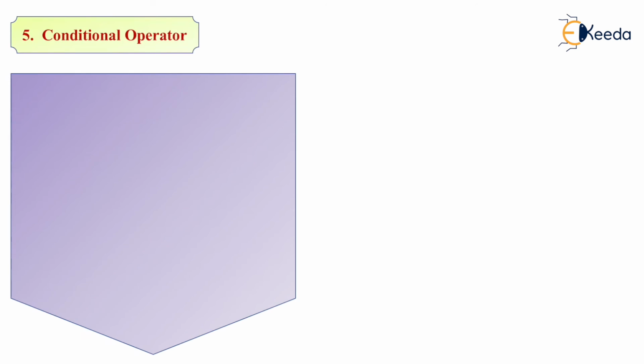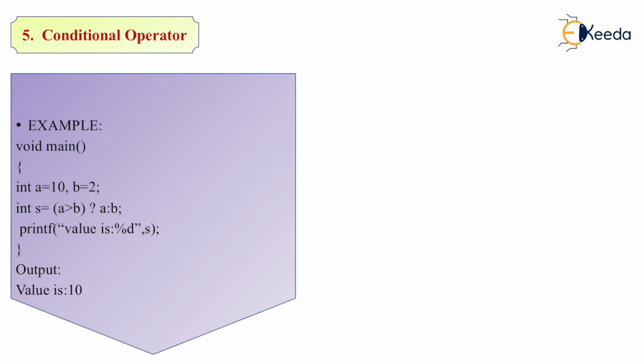Next, for the conditional operator, we have created one example. The example says we have two variables, A and B. A contains the value 10 and B contains the value 2.